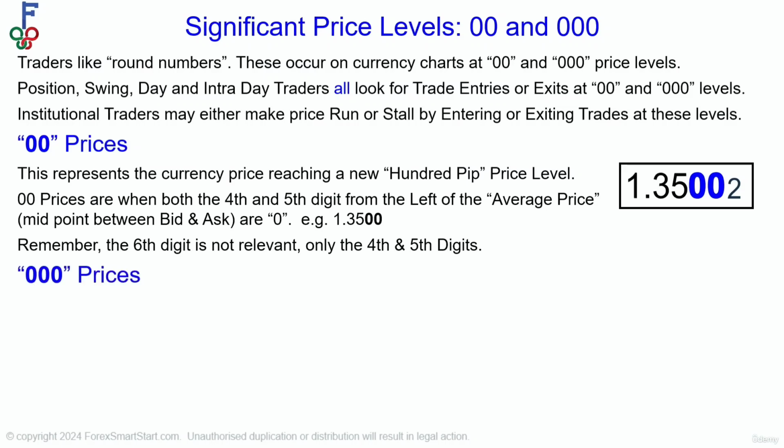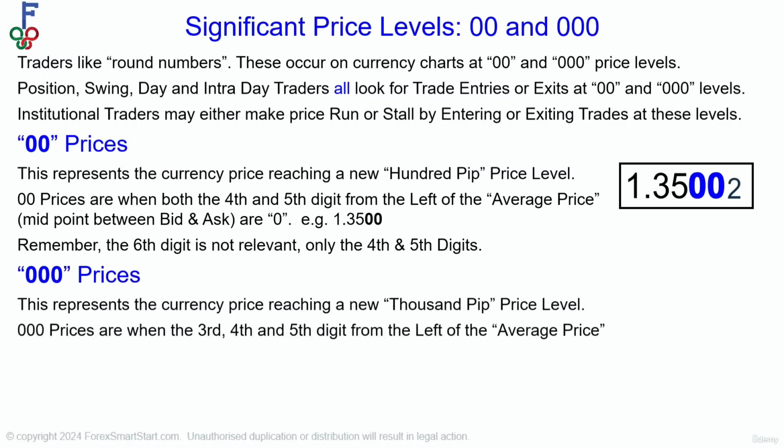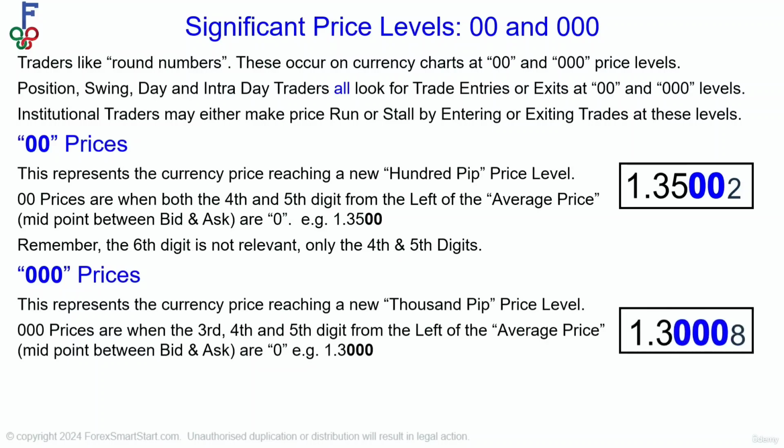Triple zero prices. This represents when currency price reaches a new 1,000 pip level. Triple zero prices are when the third, fourth, and fifth digit from the left of the average price, the midpoint between the bid and ask, are 0. For example, 1.3000. That could look in the window as 1.3000, followed by tenths of pips.